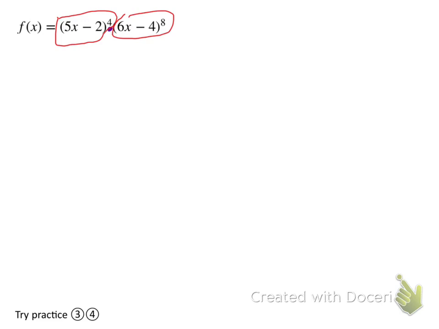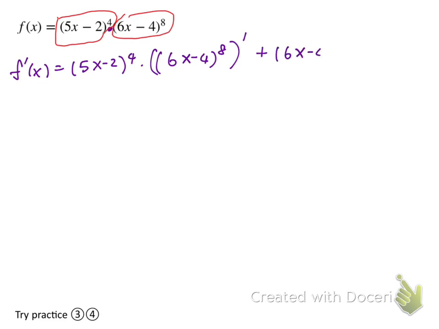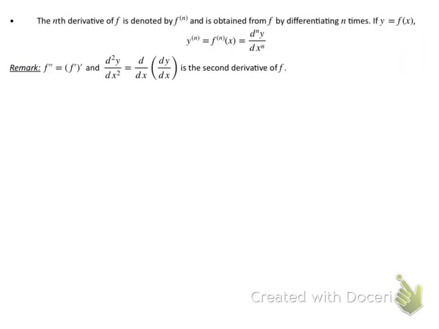If I'm differentiating a product, I use product rule, which means my f prime will be first factor times the second factor differentiated plus the second factor times the first factor differentiated.